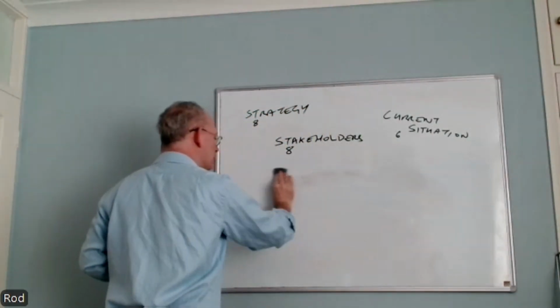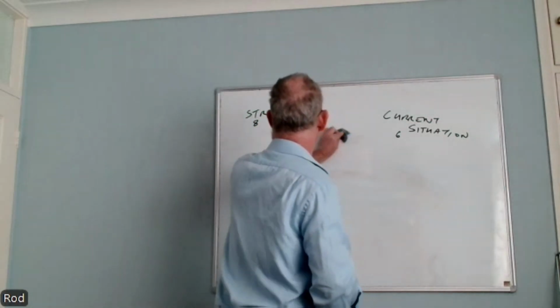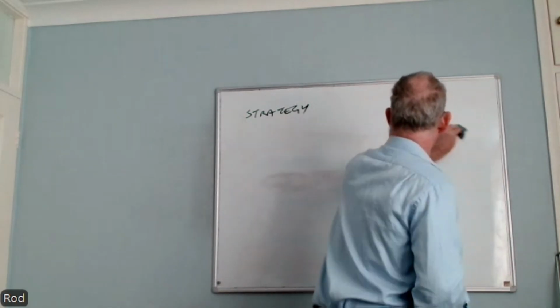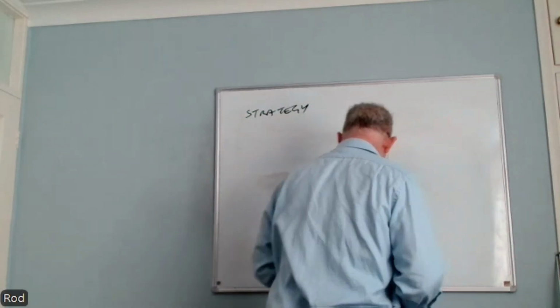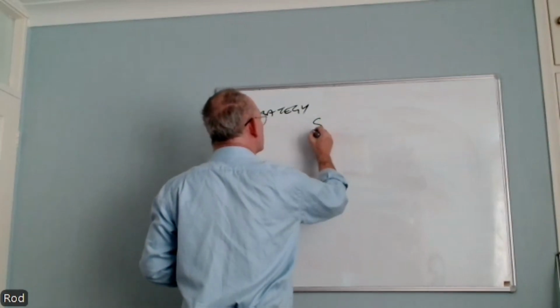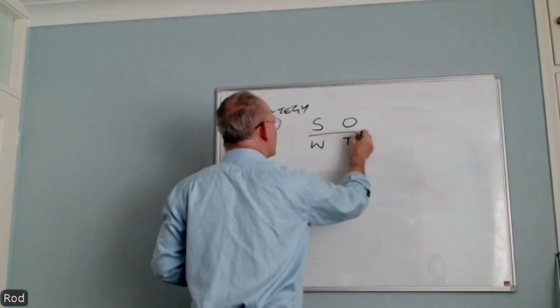Other things you need to know. Well, let's start with the strategy. What do we need to know in the strategy? Well, the place I like to start is by thinking about the SWOT, the strengths, weaknesses, opportunities, and threats.